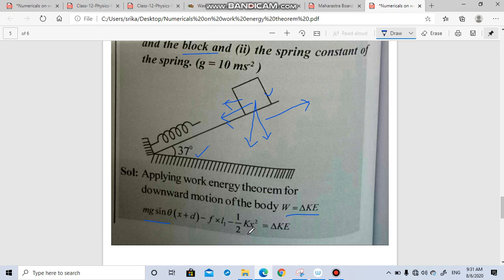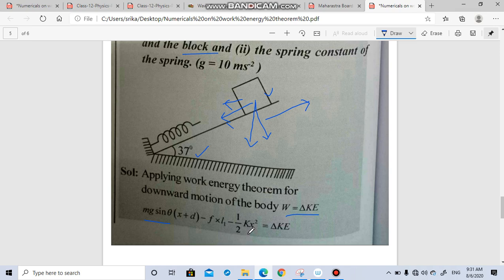We have discussed that we are finding out the work done by the block. So we have to remove the potential energy. See, it is trying to compress, right? It is trying to compress. So when it compresses, it does some work.